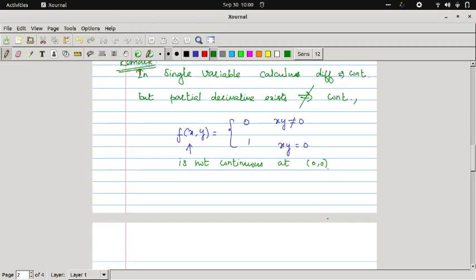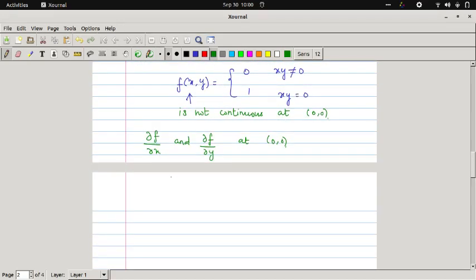But what about dou f by dou x and dou f by dou y at 0 comma 0? Our aim is to find dou f by dou x at 0 comma 0. I fix y equal to 0. This plane intersects the surface f of x comma y, and that is my h of x.